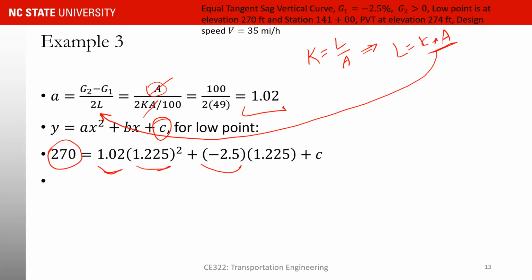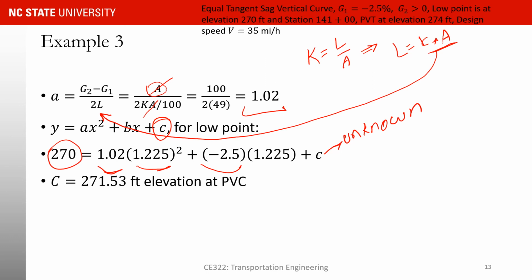So you find out that the only unknown is c. So you just have a very simple equation to find c. C is going to be 271.53 feet. That's going to be our elevation at PVC.